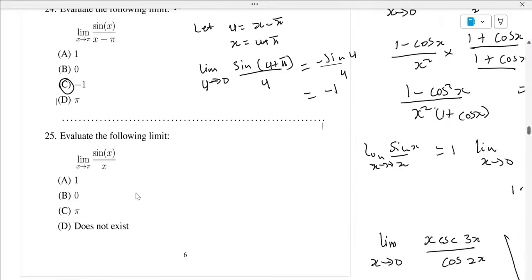Alright. This question is straightforward. Evaluate the limits. If we have sine x over x, you already know the answer, which is 1.